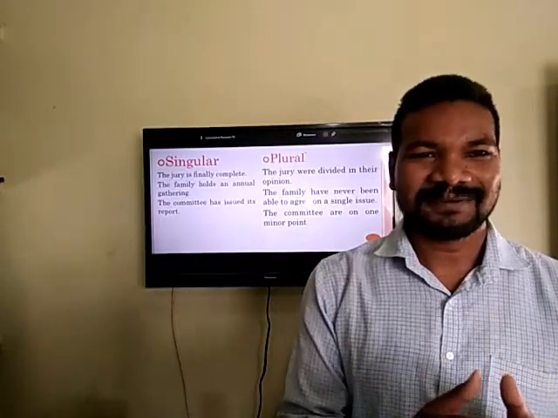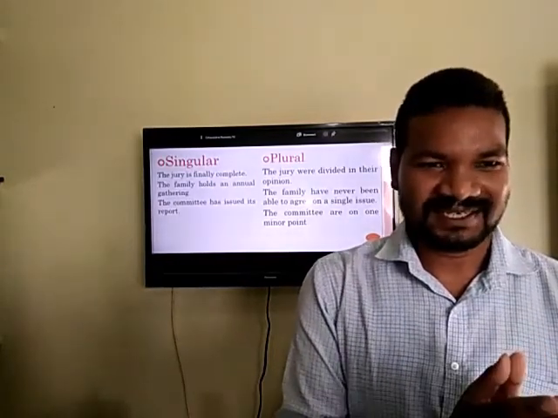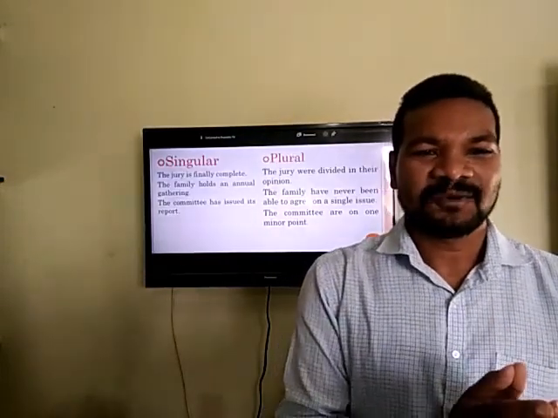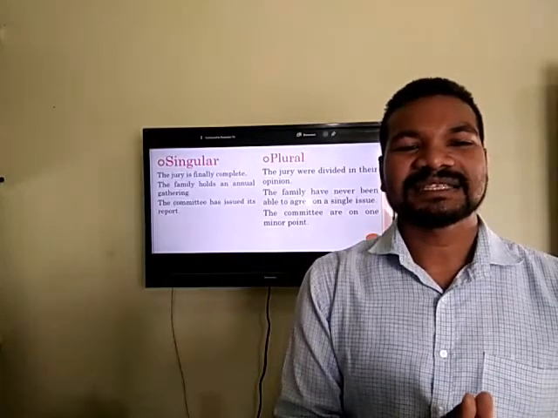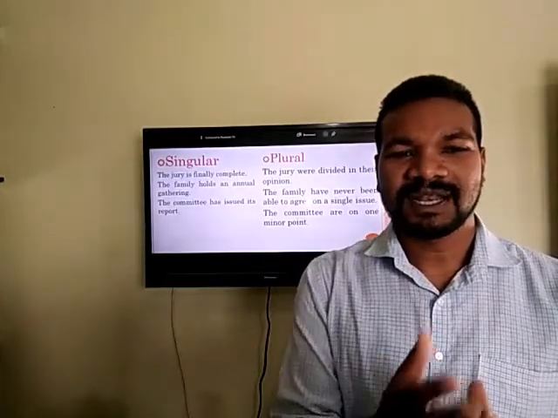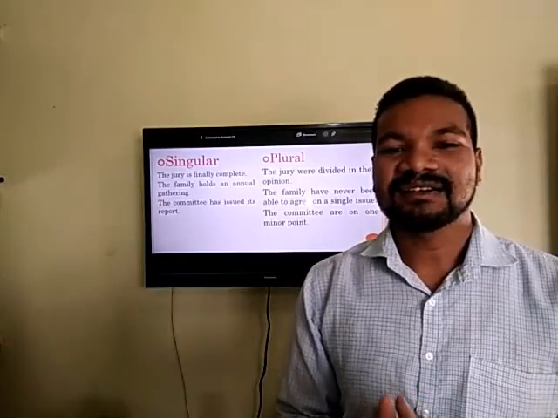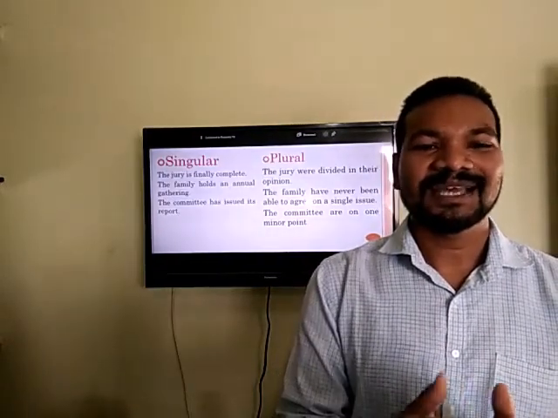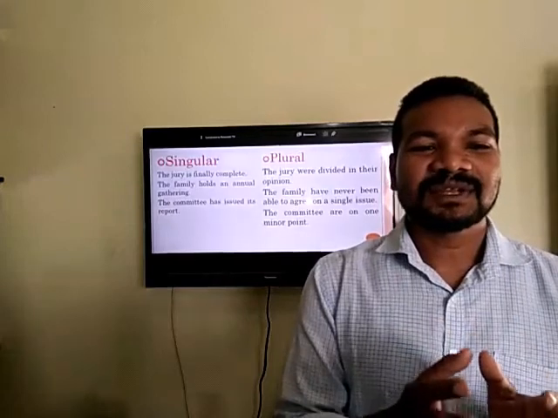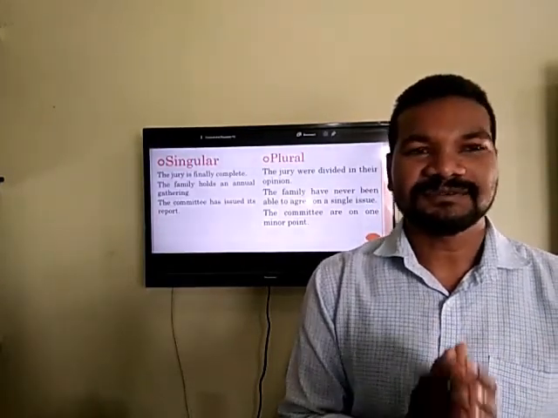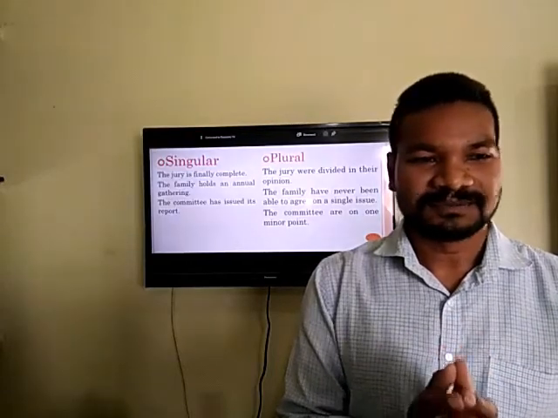It is referring to a class or a unit, therefore we need to use the singular verb is. Whereas, when it is referring to the individuals: the jury were divided in their opinions. Here each individual is considered, therefore we have used the plural verb.